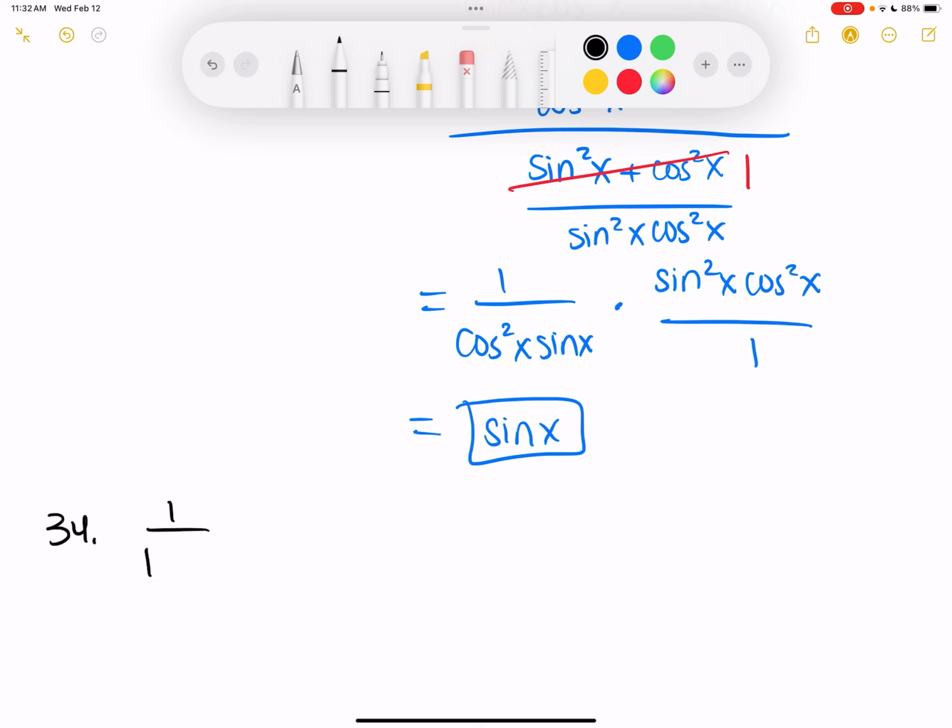1 over 1 minus sine of x plus 1 over 1 plus sine of x. So if I wanted to get these a common denominator, what would I have to do? Multiply by 1 plus sine x. And 1 minus sine x. Yep. And what about the other one?